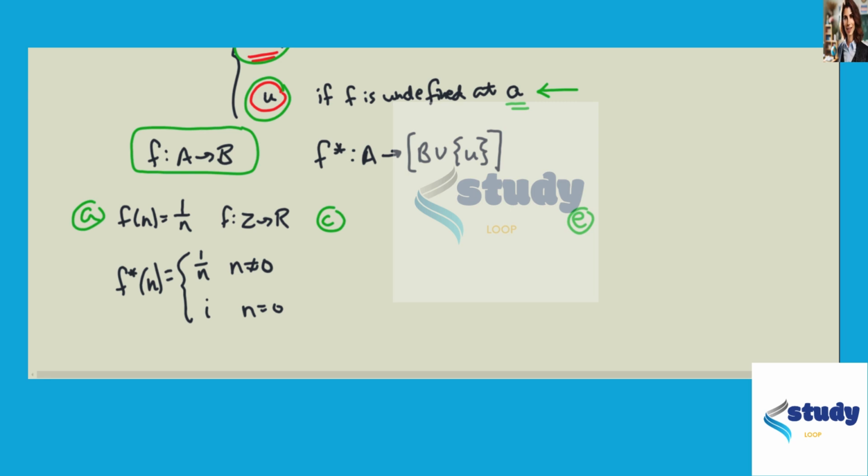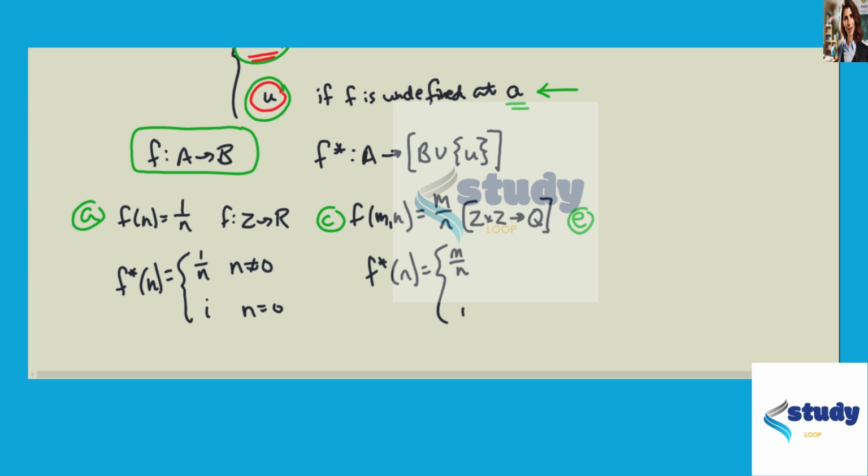Okay, how about C? C is in 2 variables, f of m, n, and it's going to equal m divided by n, and I am going from Z cross Z to Q. That's the domains that I have. So again, I'm going to set my f star. Anything for which my function is defined will remain the function.